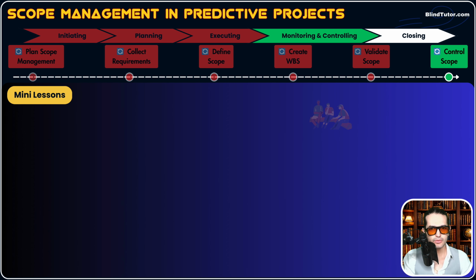For example, you know that your scope is on track, everything is going as planned, or you have useful information that extra work is being done, scope creep, or that approved scope is missing, one deliverable is missing. These are useful information. Each of these statements is called work performance information.